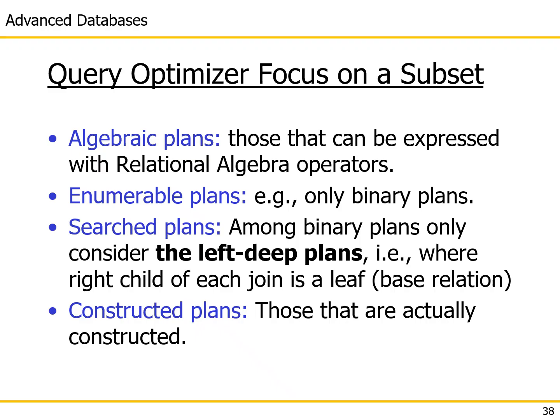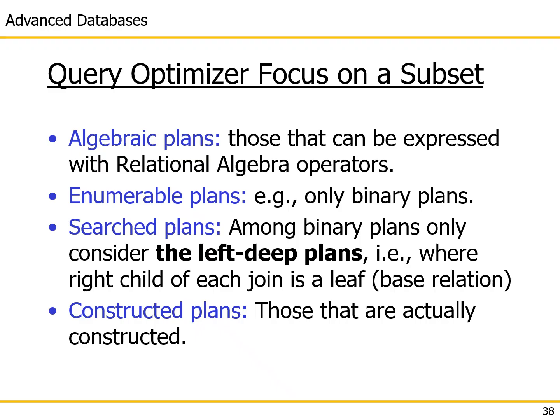So we are talking about relational algebra trees that are binary, and we will call those enumerable plans, plans that we can think of enumerating. I'm not going to try to keep a parse tree as is and work with it as is, but I will always try to work with relational algebra trees that are binary.